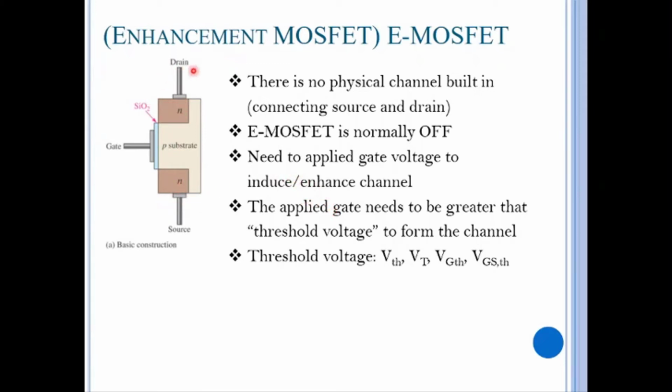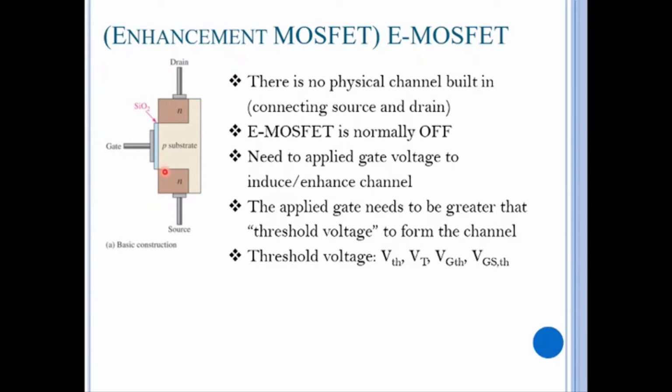So we see here, this is an enhancement MOSFET because we need to apply voltage to enhance, to induce the electron channel, in order to obtain electric conductivity between source and drain. However, we cannot simply assume that if we apply any positive voltage, the channel will be formed.